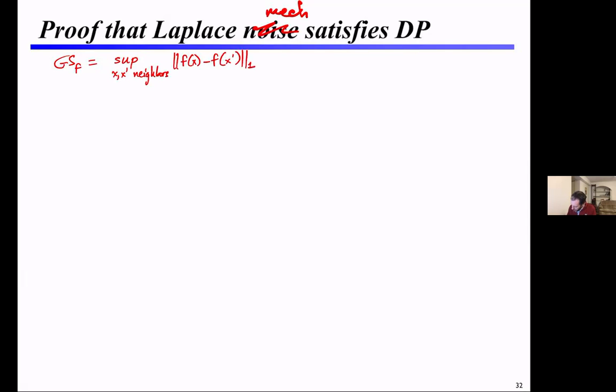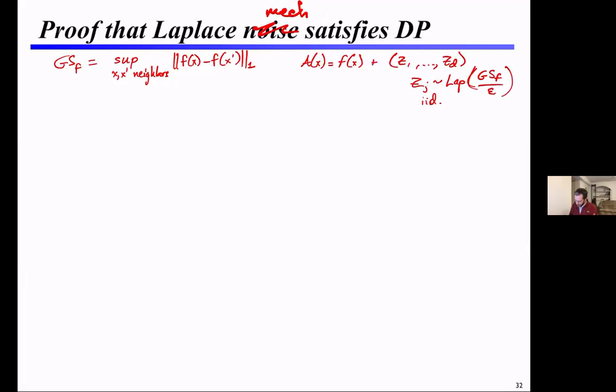And then we've got our algorithm itself, which takes f of x and adds independent Laplace noise in each entry, where Zj is distributed as Laplace with parameter global sensitivity over epsilon, IID.